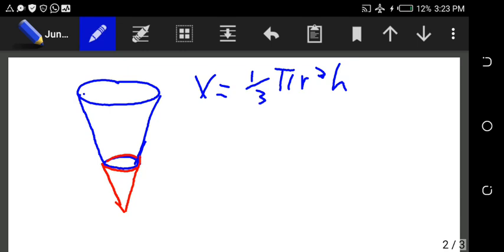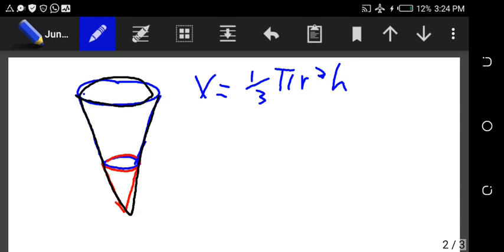Now what is going on here? You can agree with me that in this particular diagram we have two cones inside. We have the bigger cone, which would mean all of these. Let me use another color for that. This is the big cone.